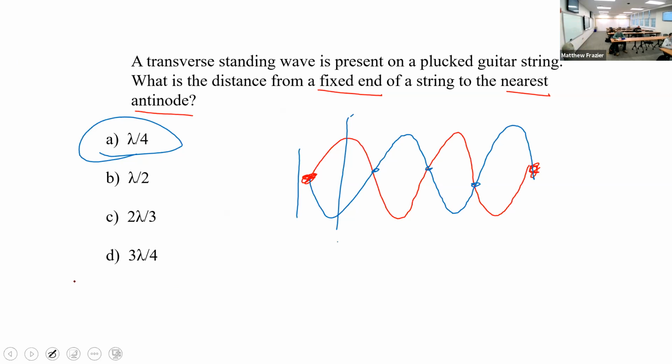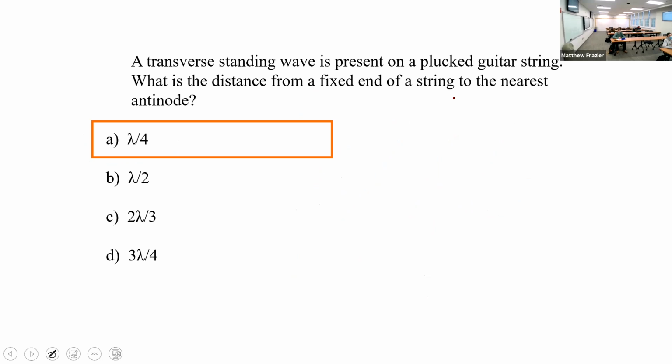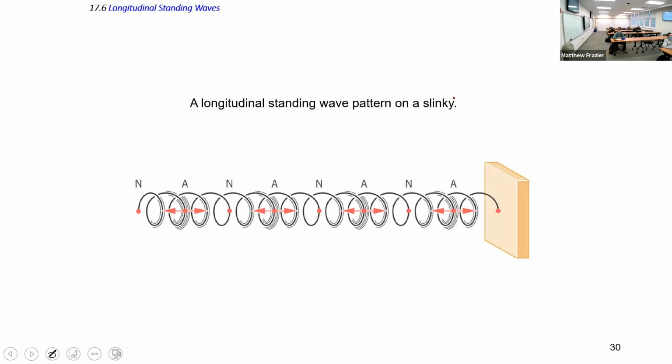So this distance is a wavelength, and you can label these: a node, an antinode, a node, an antinode, and another node. To the nearest antinode is a quarter wavelength, to the nearest node is a half wavelength. And we select the correct answer.